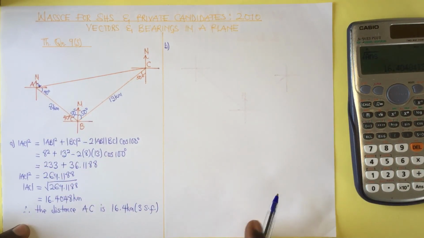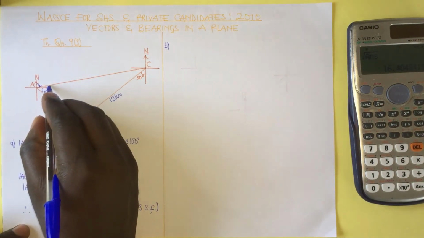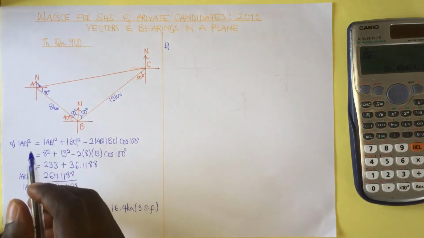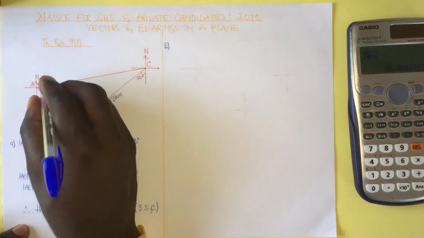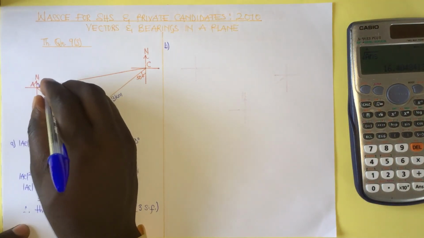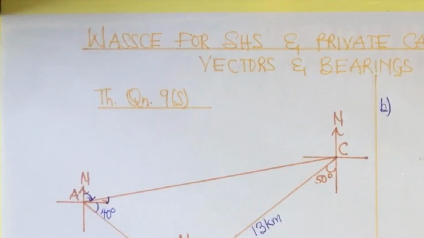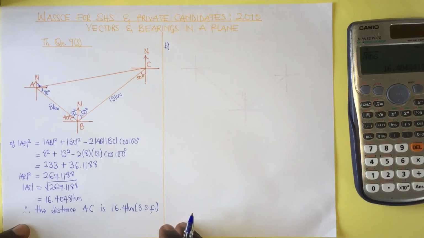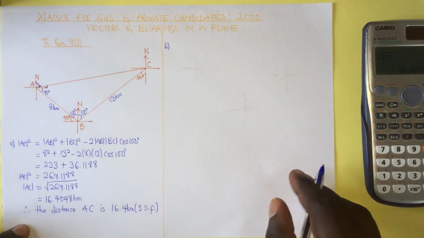But first of all, we have to find this big angle here, so that we can subtract 40 from it and get this small angle here. Then that will help us to find the bearing. So with this, we are going to use the sine rule.